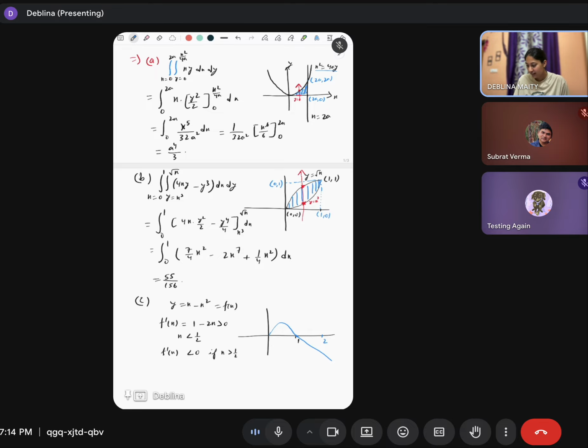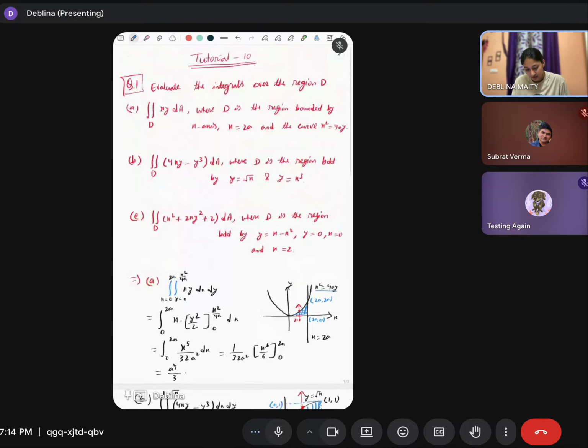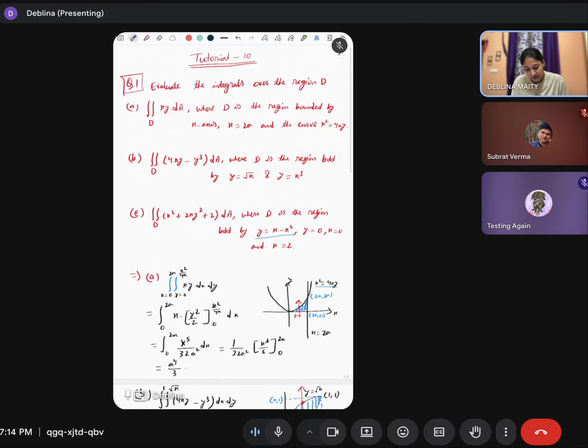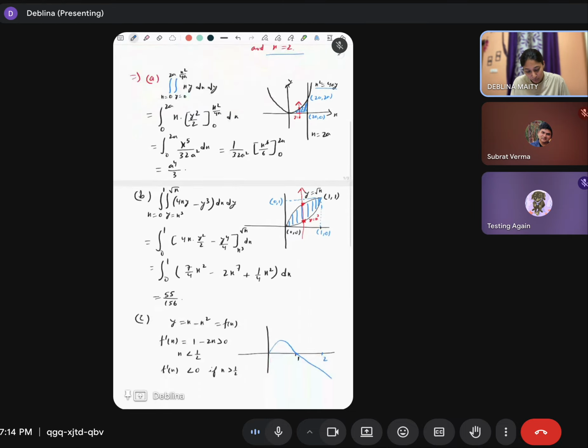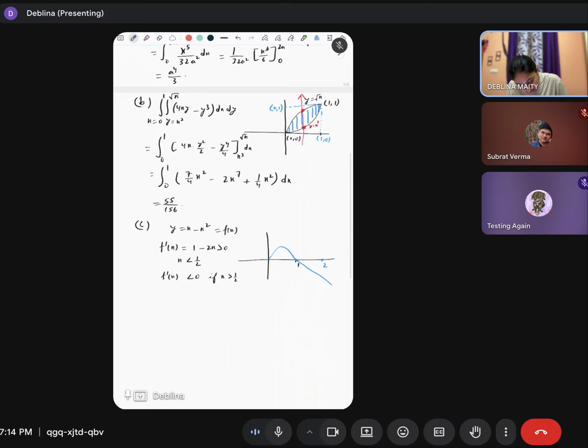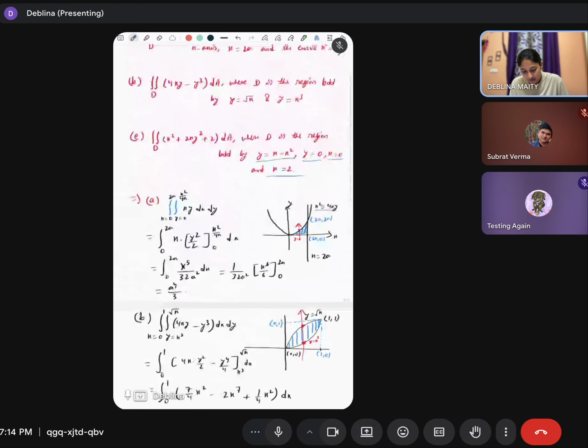So we have to find the region bounded by y equals to x minus x square, y equals to 0, x equals to 0, and x equals to 2. So this is another line, x equals to 2, right? This is the y equals to x minus x square curve, and this is x equals to 0.